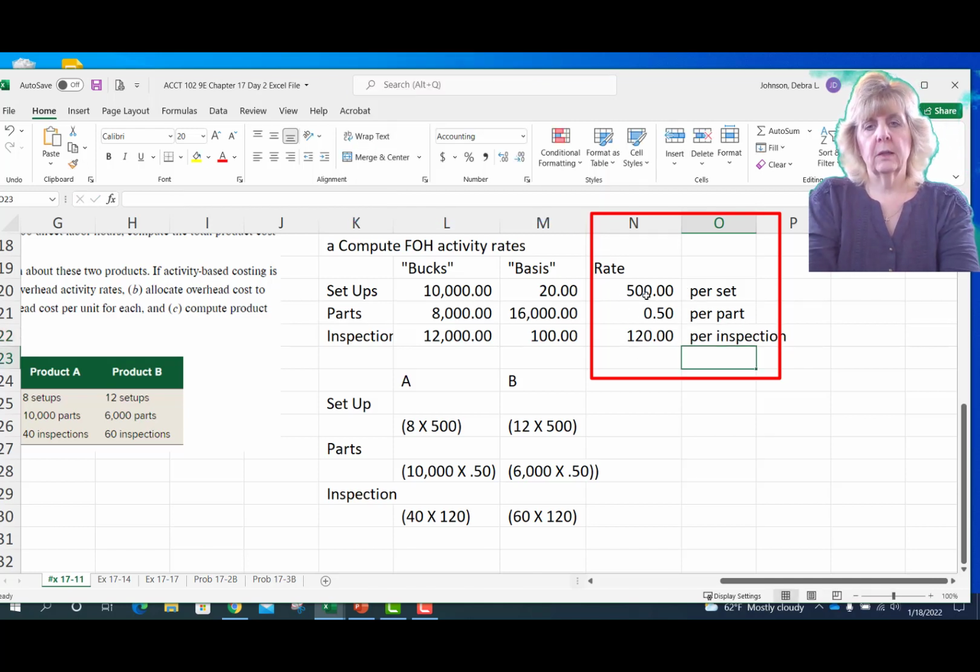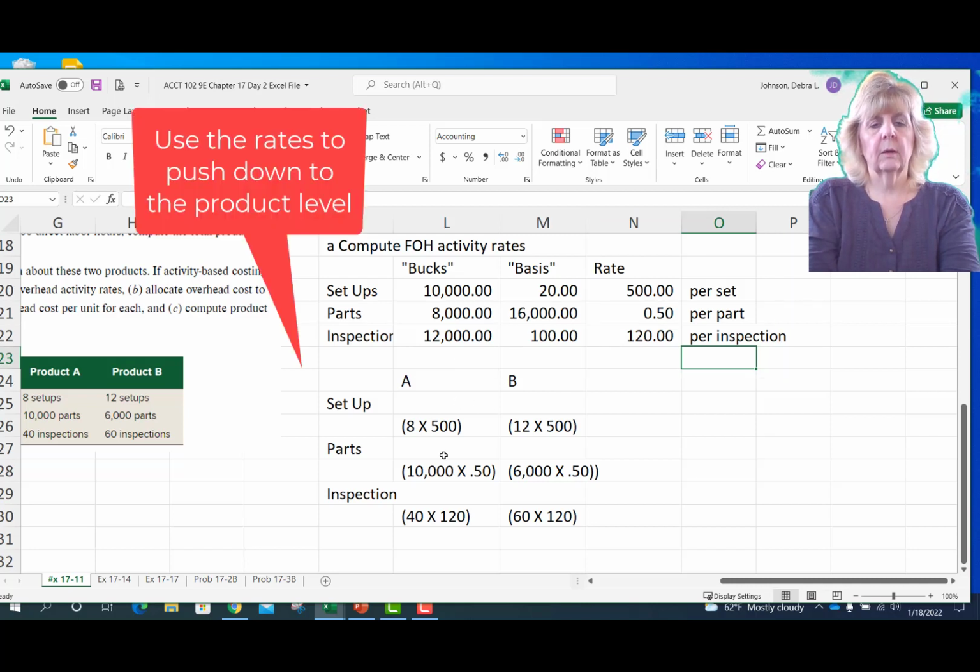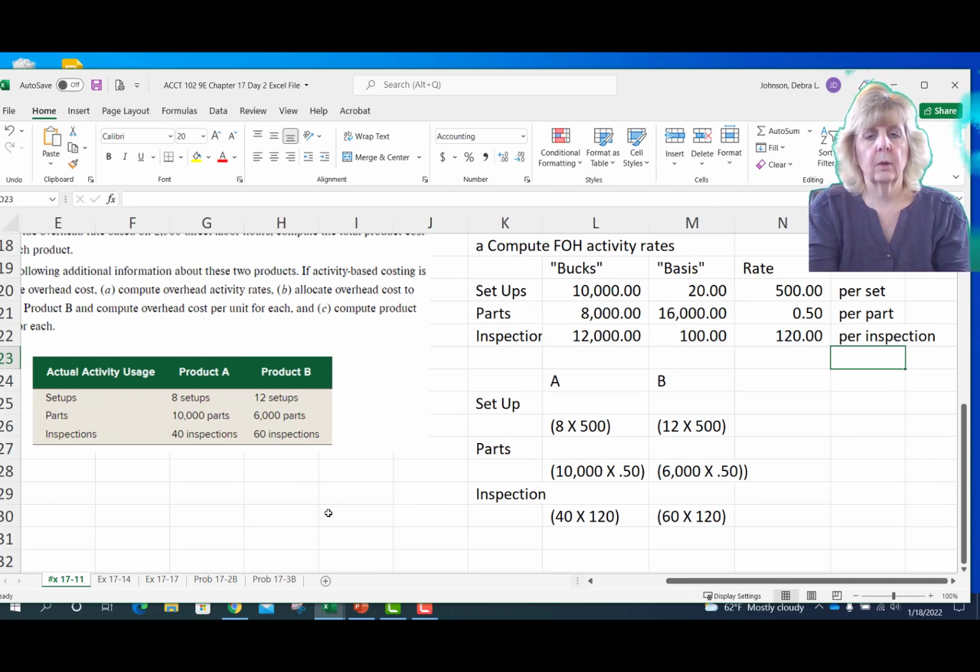Once you have those rates, three rates in this case, you would push it down to the product level. There's two products in question in this example, and the author gave you the information you need right here. So now it's just a matter of multiplying the number of setups that product A and product B took, times the rate per hour of 500.